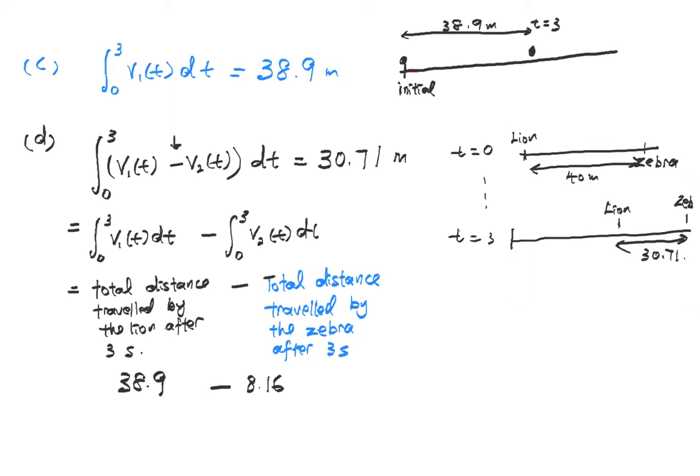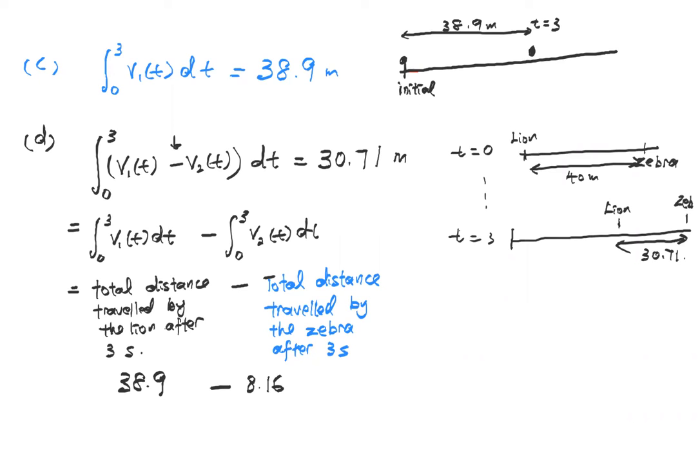So this is not the situation, correct? So the actual situation. How do you interpret this now, if I use minus? Distance traveled by the zebra.